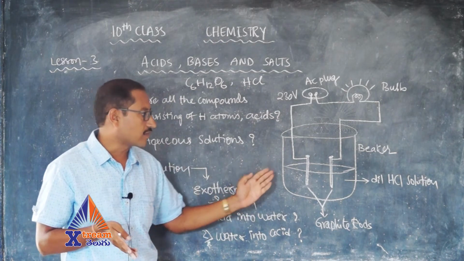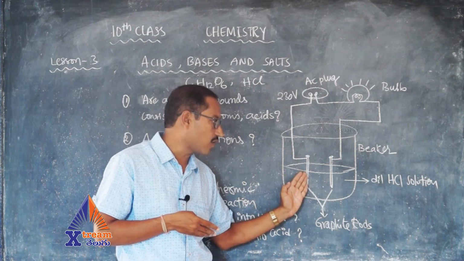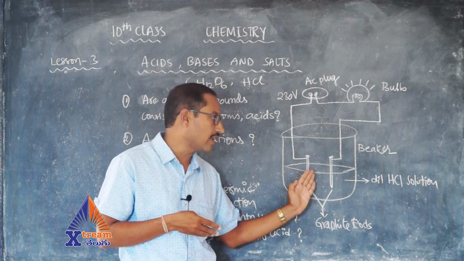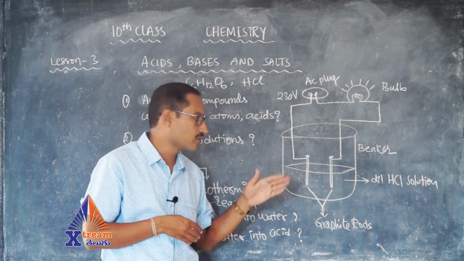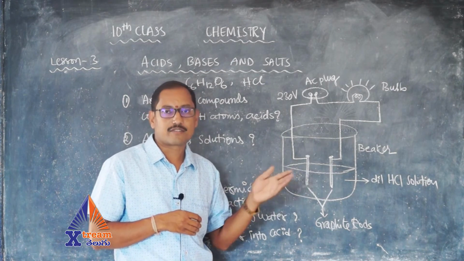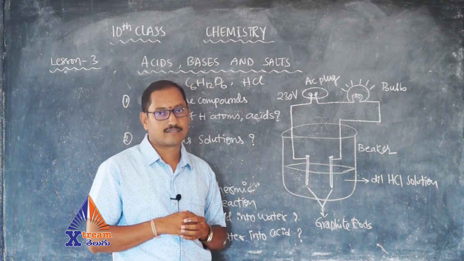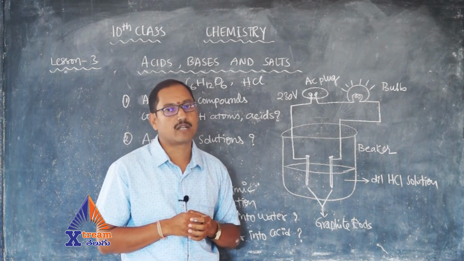As ions are not available in the solution, there is no passage of charges from one electrode to another electrode. No charges are passing. So as no charges are passing in this solution, as it is not an electrolyte, there is no current flowing in the circuit and hence the bulb does not glow.